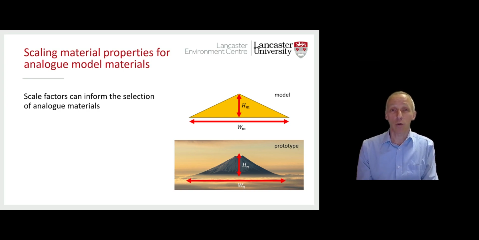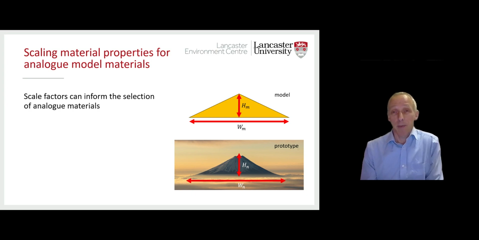So deformation is caused by stress, so if we assume that we can use stress as a proxy to estimate the required material strength, we can consider a dimensional stress ratio, here given as sigma star, which is derived from the scale factors of density, rho star, gravity, g star, and length, h star.